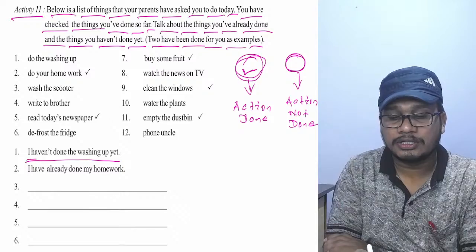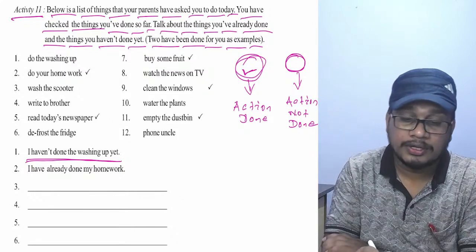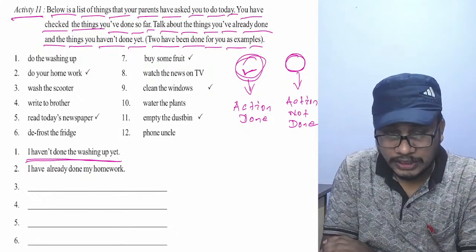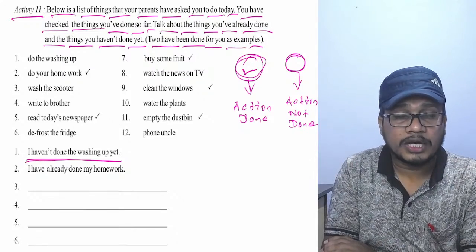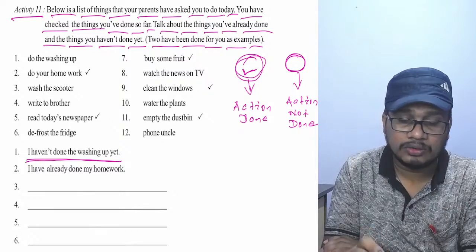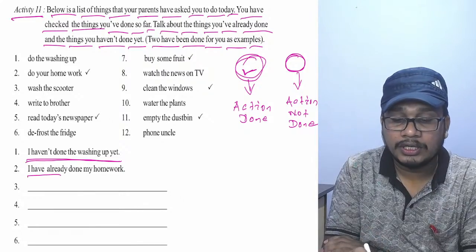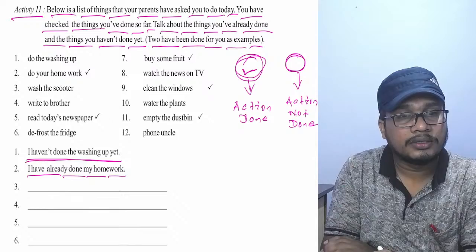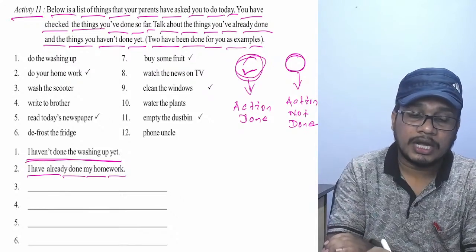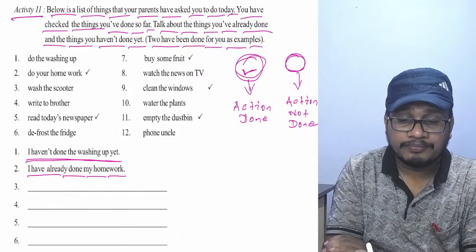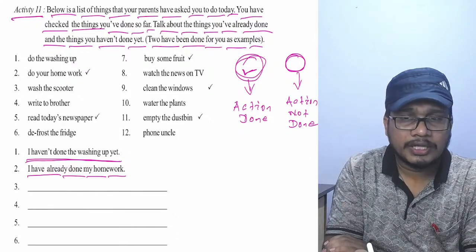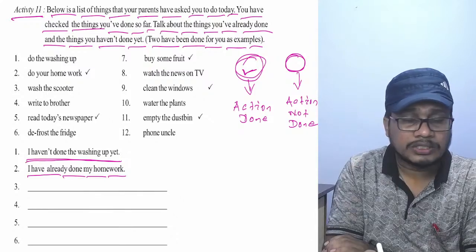Here the sentence is given. The second sentence is do your homework, with a tick mark, which means you have already done your homework: I have already done my homework. Next, third sentence, wash the scooter, no tick mark is given, so you haven't washed the scooter yet.